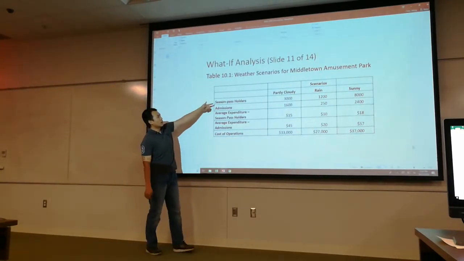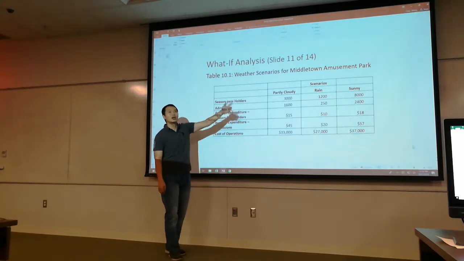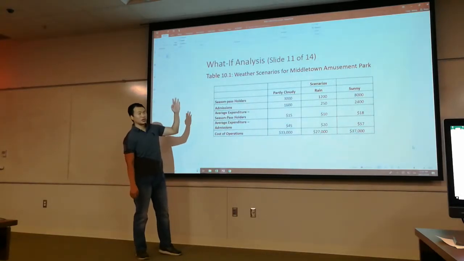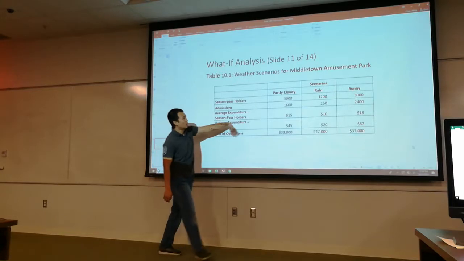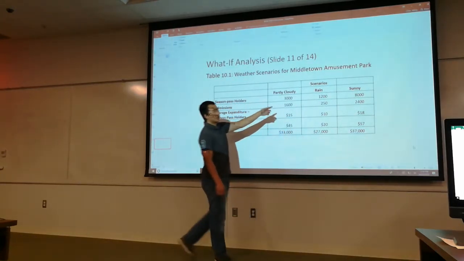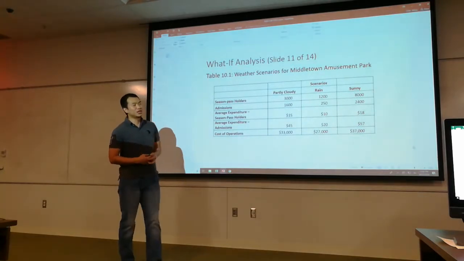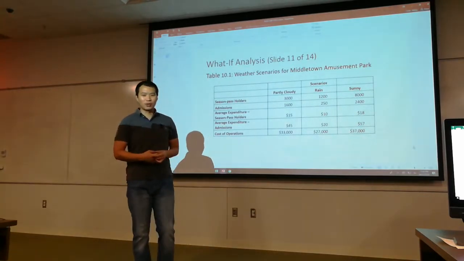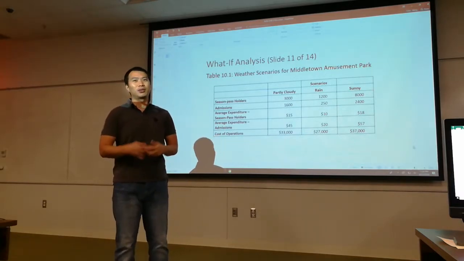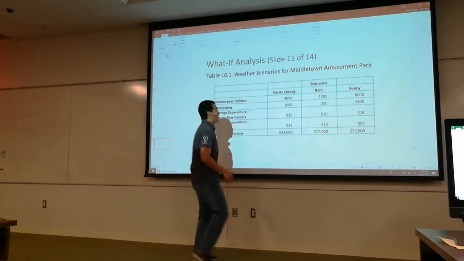Seasonal pass holders 3,000. That set of numbers is in the spreadsheet, and they assume that's the most popular scenario. And what if it's raining? We still have some people going there. When I go to Disney World or Universal Orlando, although it's raining, I see a lot of people there, but it does affect the number of people.